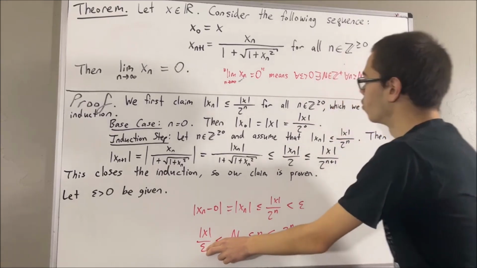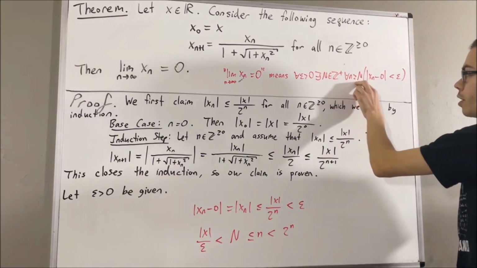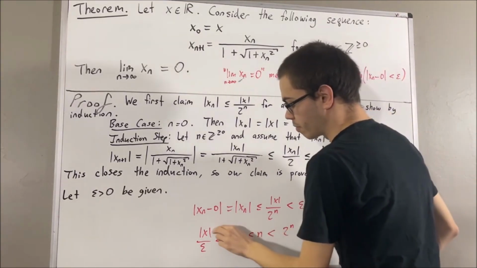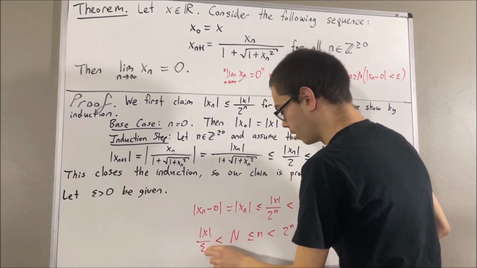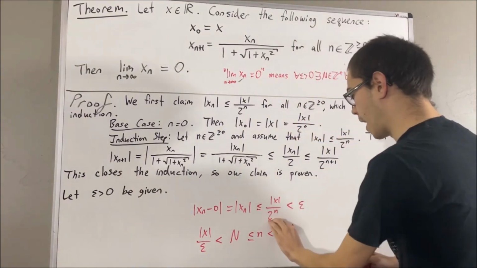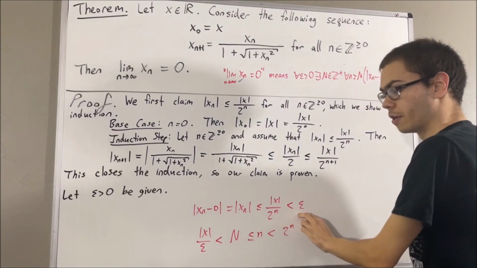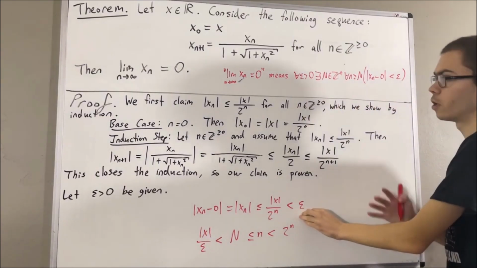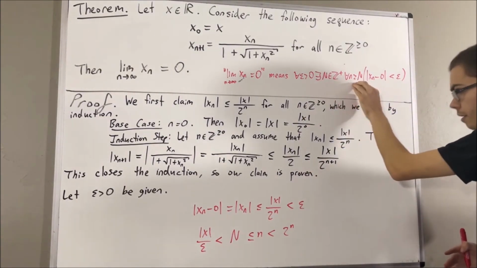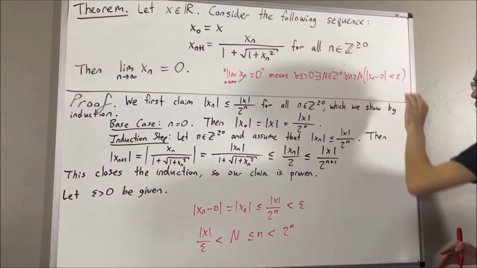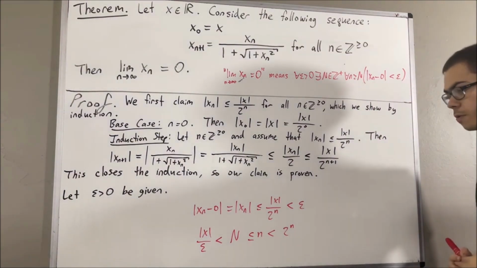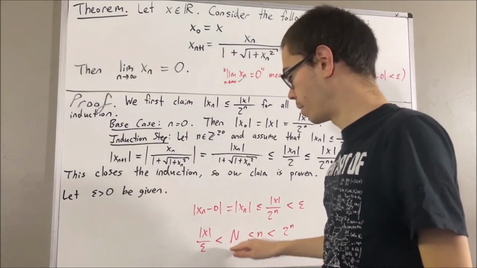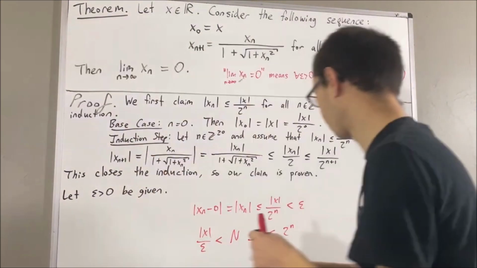Because if we do that, then it follows for all n greater than or equal to capital N, we have 2 to the n is bigger than absolute value of x over epsilon, and that's equivalent to saying absolute value of x over 2 to the n is less than epsilon, but then we have absolute value of xn minus 0 is less than epsilon. And so it follows, for all n greater than or equal to capital N, absolute value of xn minus 0 is less than epsilon. So, all we have to do is choose a positive integer capital N bigger than absolute value of x over epsilon.